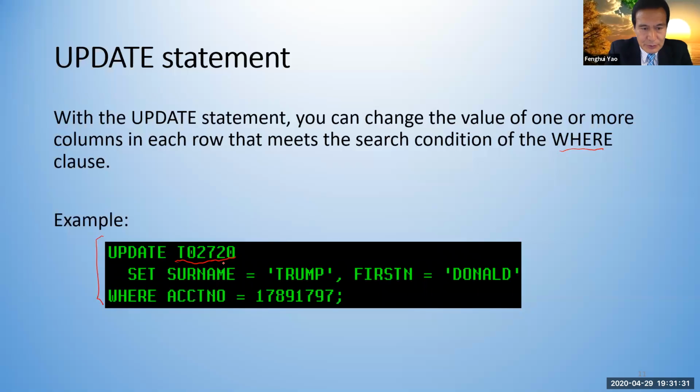And then we want to update surname or first name for this account number. This is account number, it is the primary key, it is unique. This is the condition. And then update this account's surname to Trump, first name to Donald. That's the update statement.